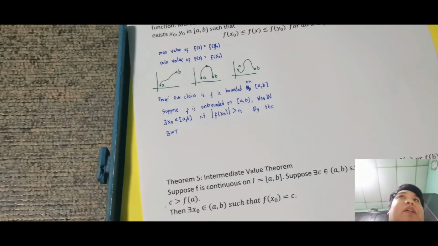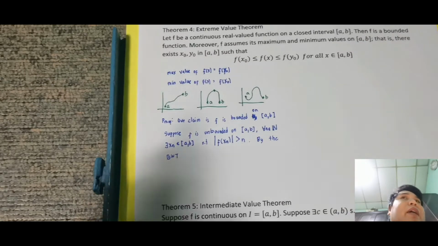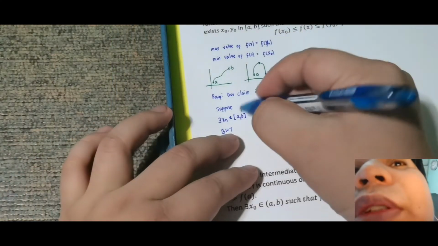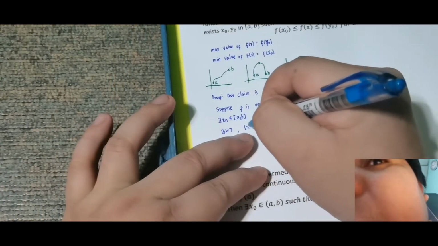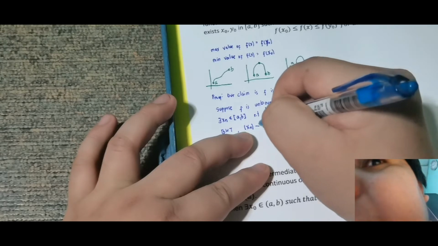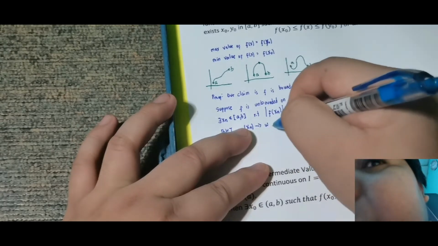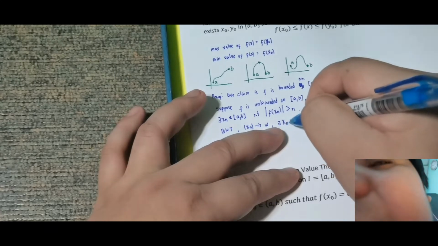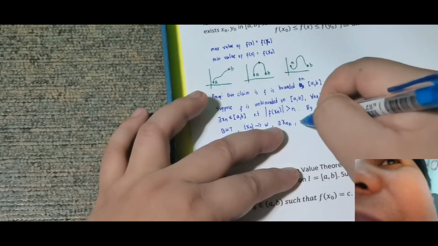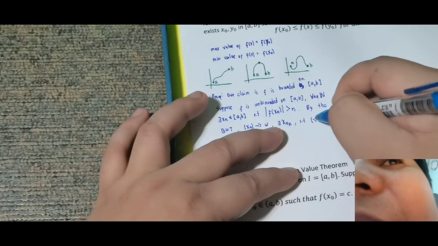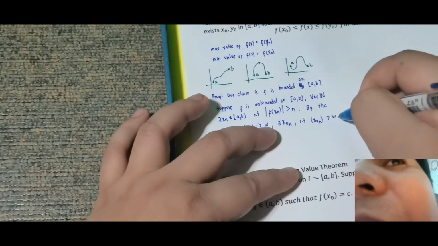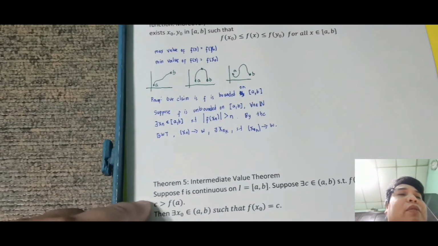So, let's say, yung sequence na x sub n nagtetend sa w. Then, there exists a sequence x sub n sub k, such that yung x sub n sub k converges din sa w. Okay, yan yung sinasabi ni Bolzano Weierstrass theorem.